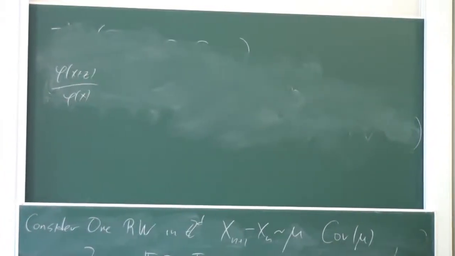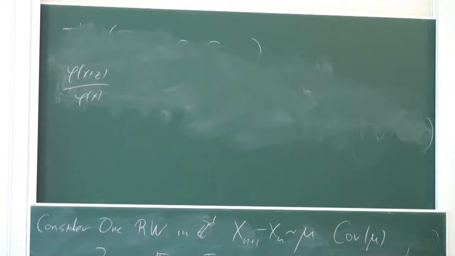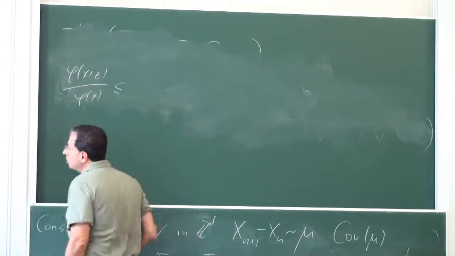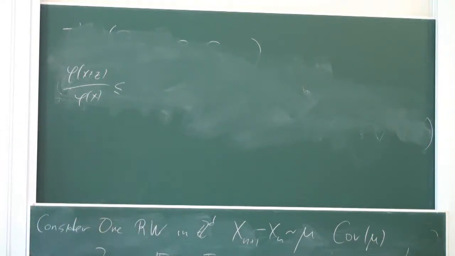So this is just the quantity we have here, this to the minus alpha. So we get that this is, well, I'm going to write less than. And here I'm assuming that x is large, so x is larger than our constant. And then what do we have here?